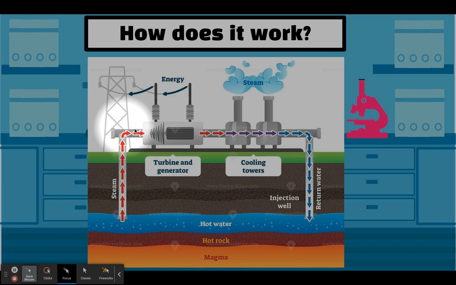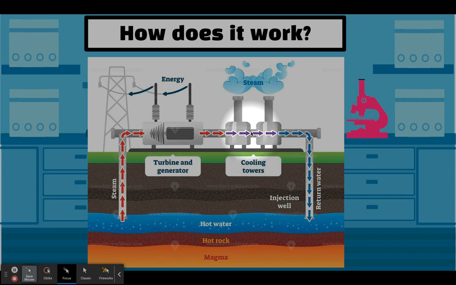And that steam will push a turbine, which will ignite a generator that then converts that thermal energy to electrical energy, and it is connected to the electrical grid so that a community can get electricity. And then it will recycle the water back through, and it will let out that steam and cool off that water. And that water is ready to go down and create another cycle of energy.